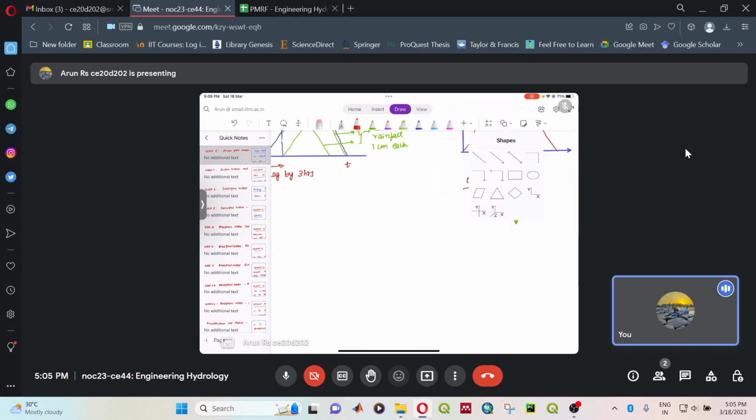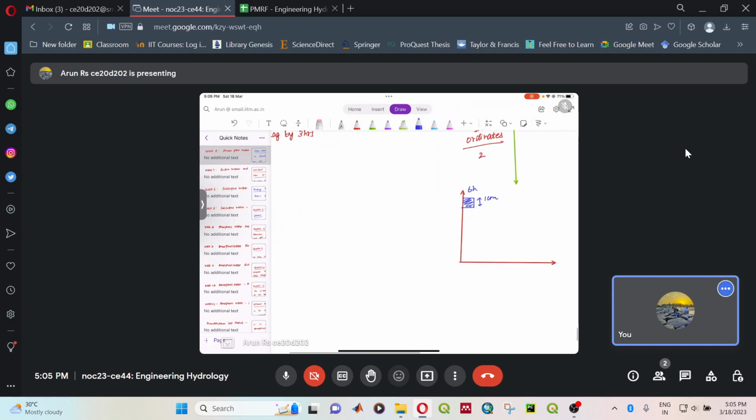So the resultant will be, this is 6 hours, but the rainfall excess is 1 centimeter now. And this is your 6-hour unit hydrograph, and your DRH will look something like this.